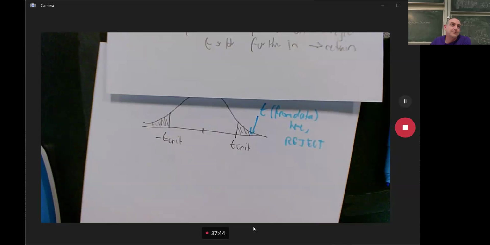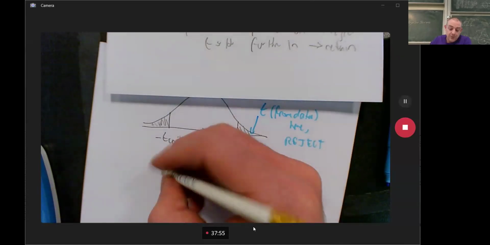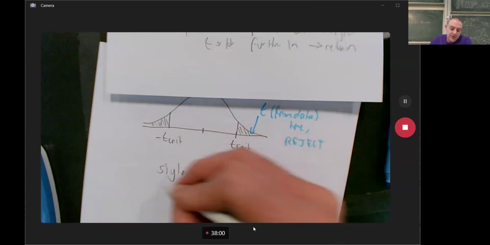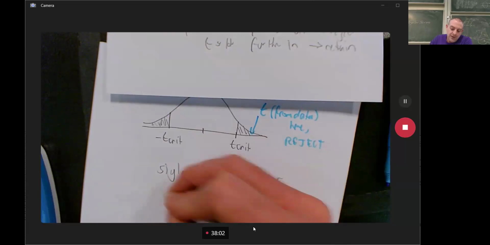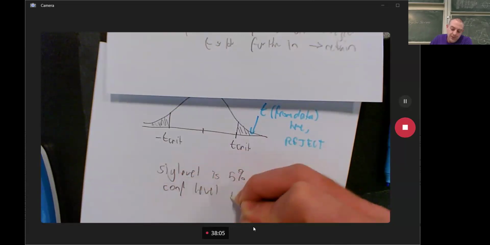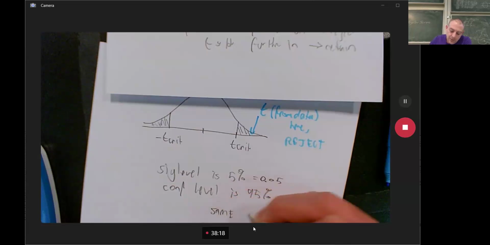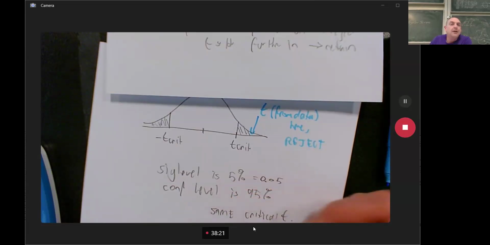So if your significance level is 5%, or 0.05, then the confidence level is 95%. And if the significance level was 1%, the confidence level would be 99%. That's how they go, and you use the same critical t for both.